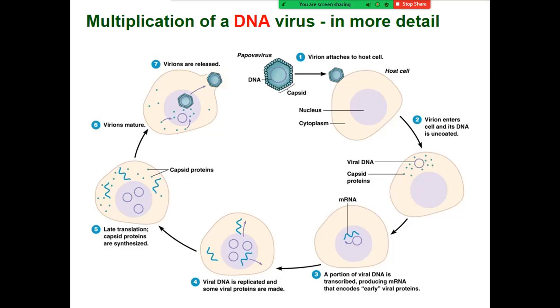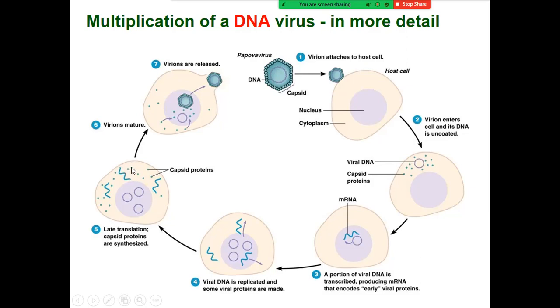The viral DNA is then transcribed to make viral protein, and that'll be largely the capsid proteins. And the viral DNA will be transcribed to make viral messenger RNA. The viral messenger RNA will then move into the cytoplasm, shown here. And then the viral messenger RNA will be translated to make viral proteins, which are the capsid proteins mainly.